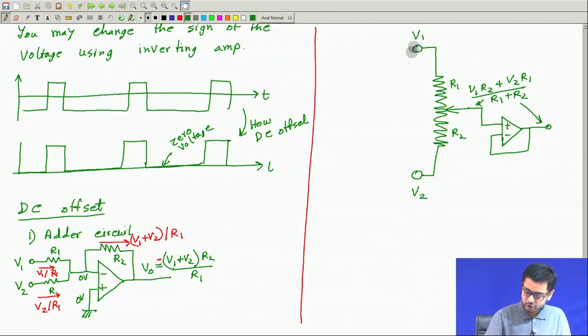Now, among these two voltages, one of them is going to be this pulse train. So, what I can do is, let me take another buffer. Minus plus, and here I will have the pulse train.